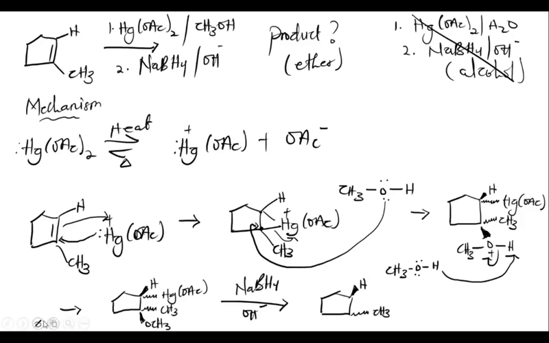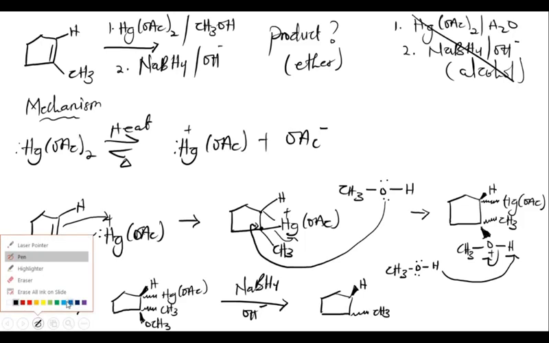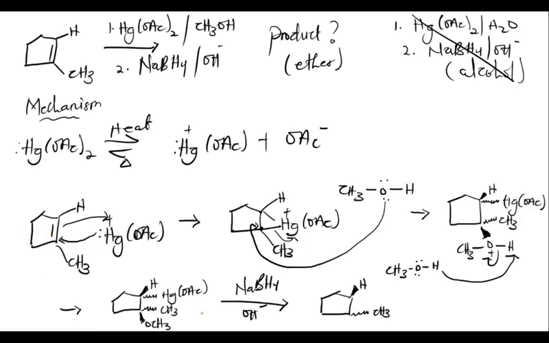Let me use another color to indicate the groups that we are now adding. So the new groups that we are adding, the hydrogen is on the dash over here, and then the alkoxy group over here is on the wedge over here, so OCH3. Okay, so this is our product.